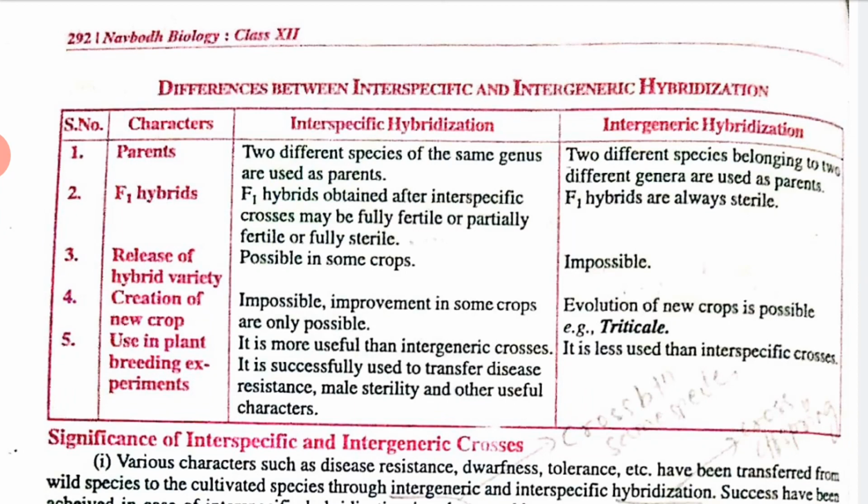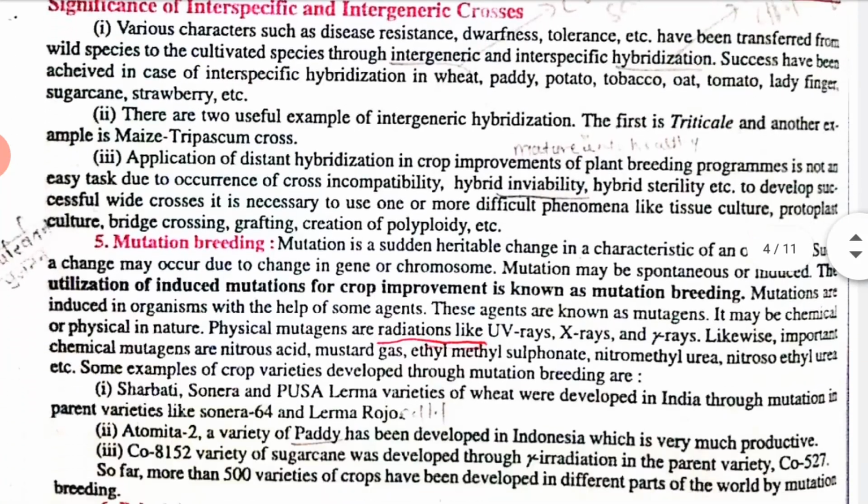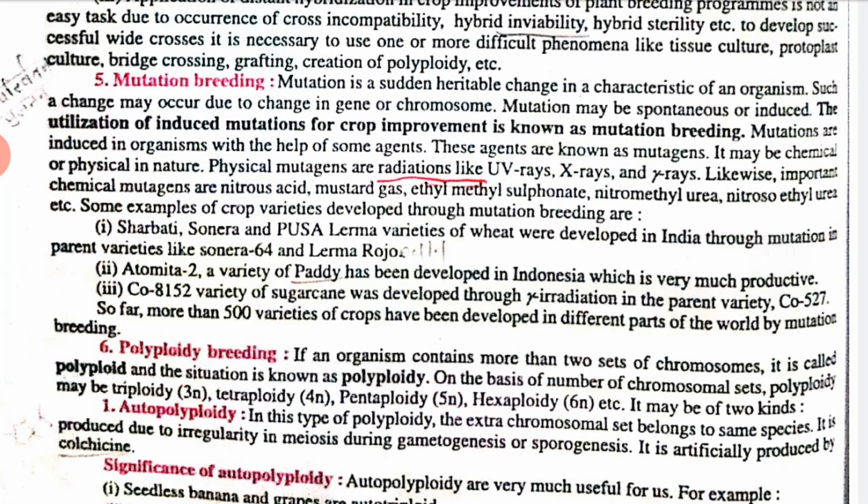Mutation may be spontaneous or induced. The utilization of induced mutation for crop improvement is known as mutation breeding. There are also many examples, you can see here. These are the examples.